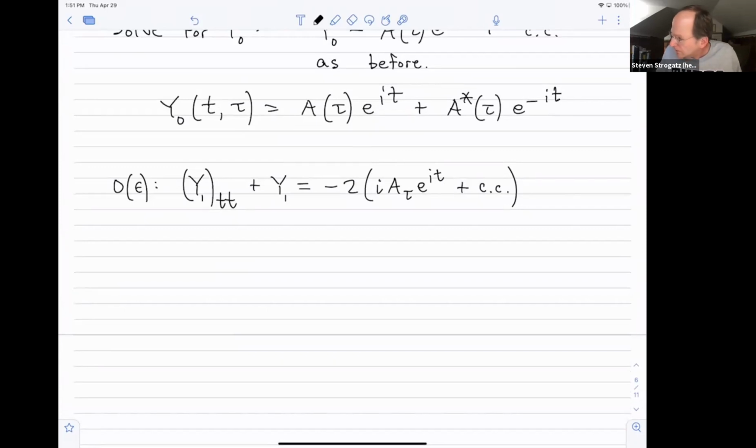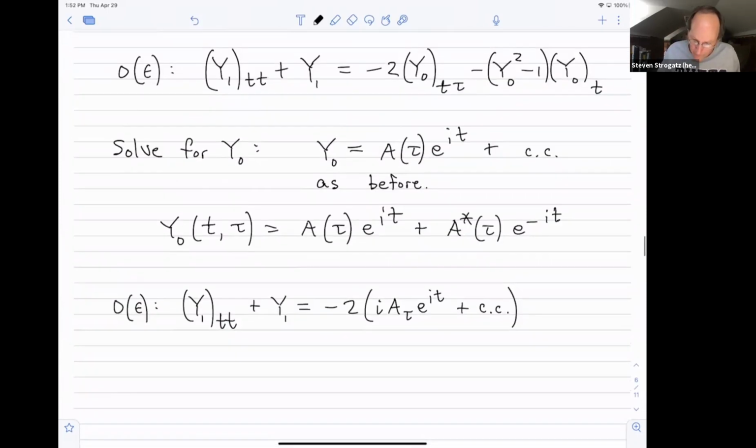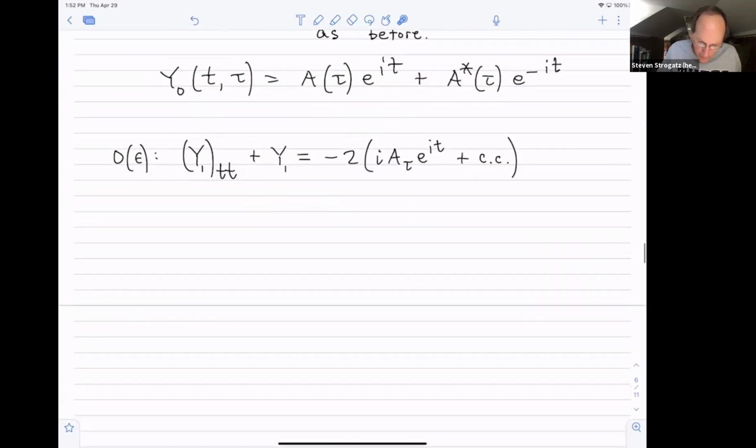So with the cubic term, meaning this one, I'll write y0 squared minus 1 times y0 sub t. So let's write that out. Minus, okay, first I have to write y0 squared minus 1.